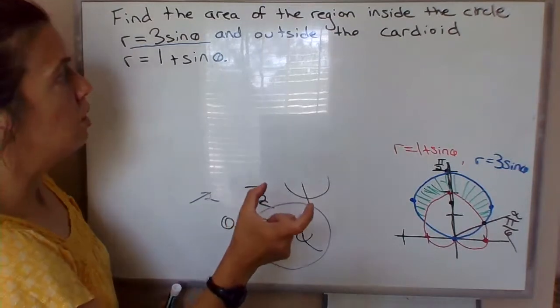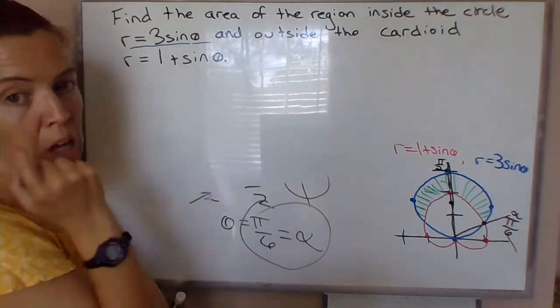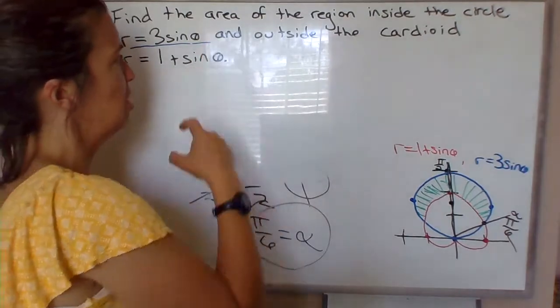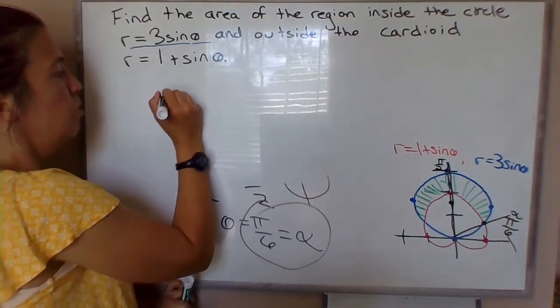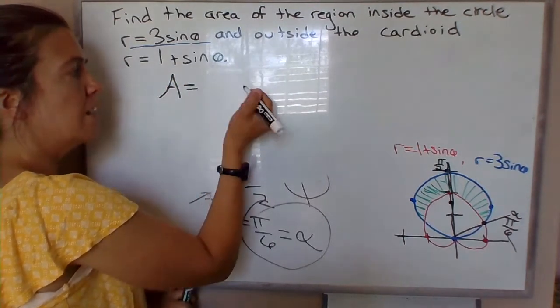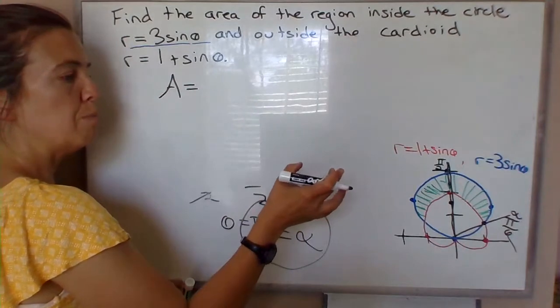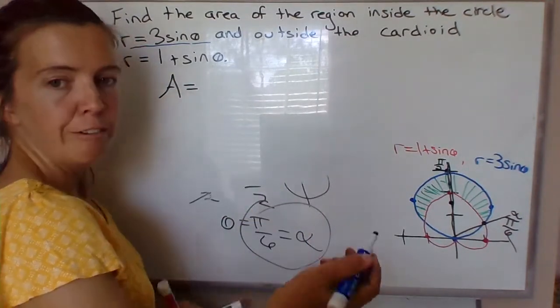Again, the lower limit of integration when you're finding area between two curves comes from setting your two expressions equal to one another. So the area between those graphs, let's think about how we can find that. Area enclosed by a polar curve is given by the integral of 1/2 f of theta squared.